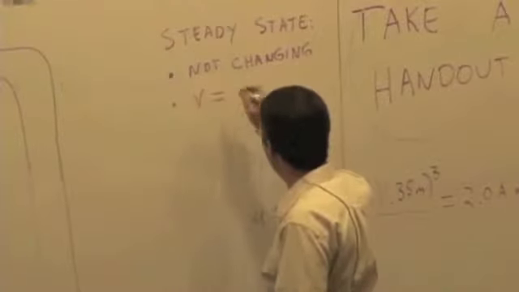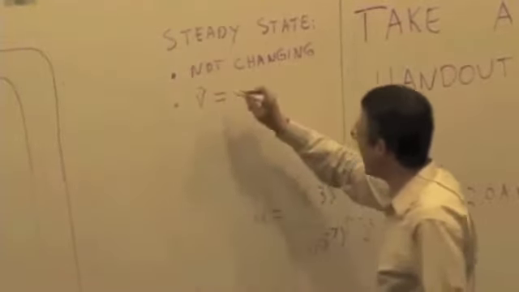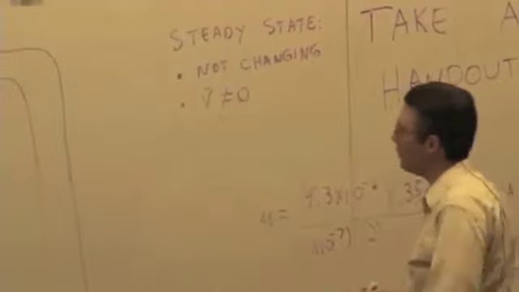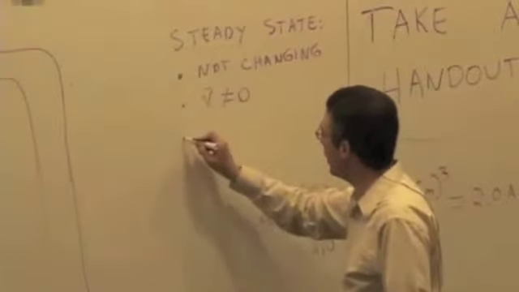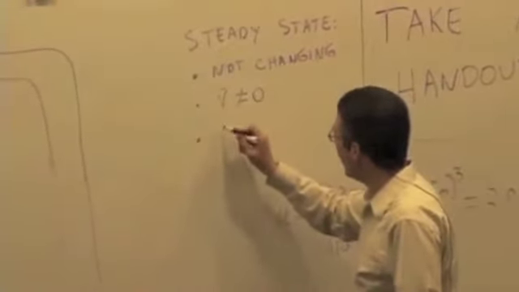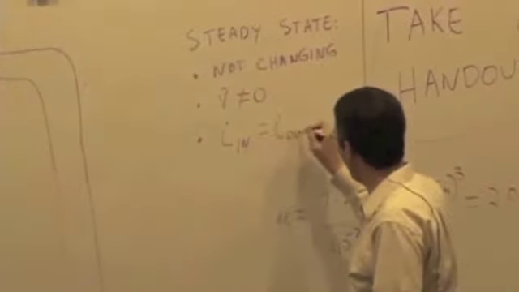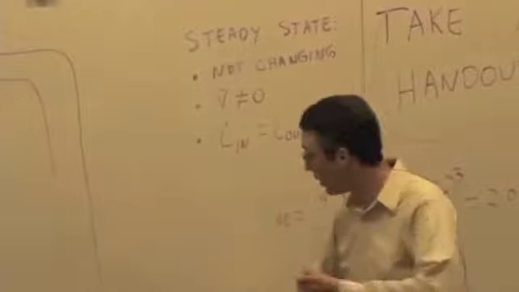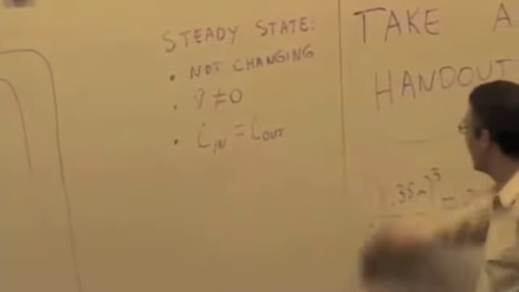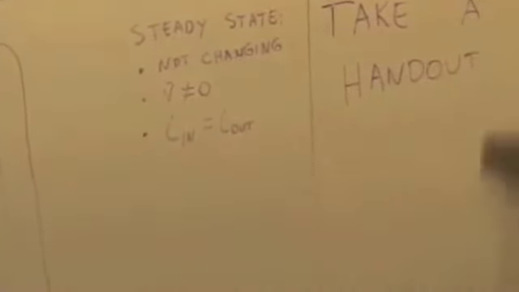The electron velocity, or the drift velocity, is not equal to 0, so there's going to be some moving electrons. And we also know the current node rule, which says that the current in is equal to the current out, right? Current conservation, or charge conservation plus the steady state, says that current in is equal to current out.